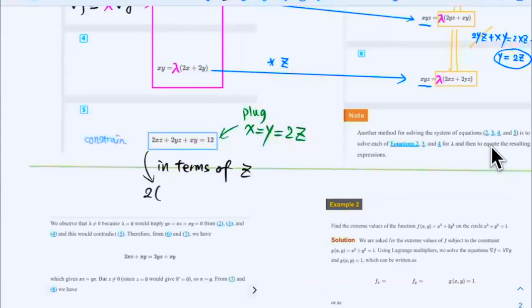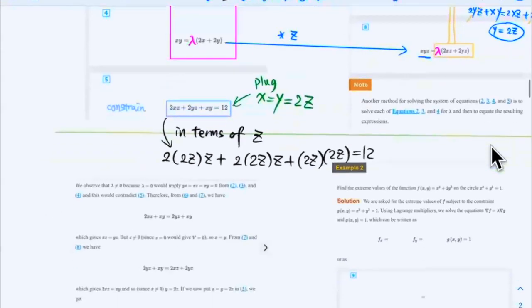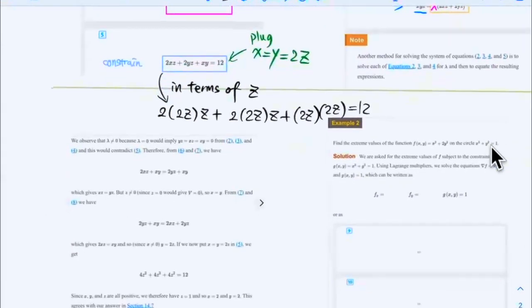2 times 2z times z, and then 2 times 2z times z plus 2z times 2z, and then equal to 12. And looking at this equation, that is going to turn into this equation over here.